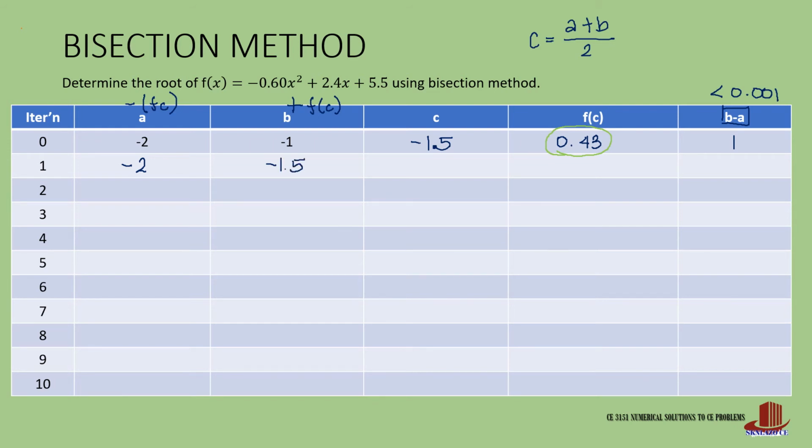Knowing these two values, we can take their average, negative 2 minus 1.5, all over 2 would give us negative 1.75. And plug this value in order for us to get our f of c, which would give us this time a negative value, 0.6775. b take away a would still be 0.5.